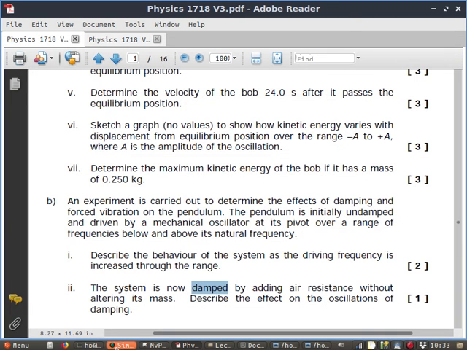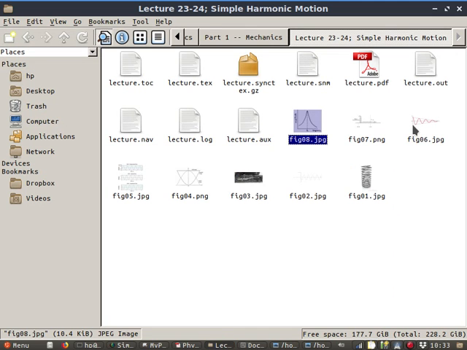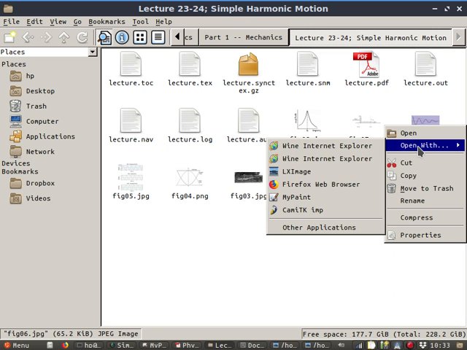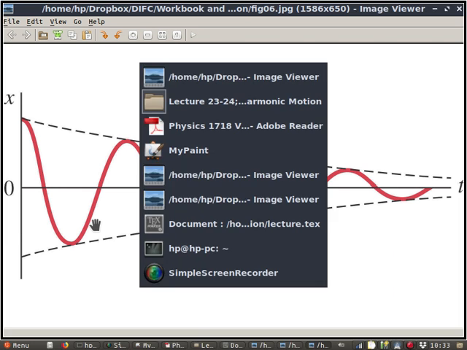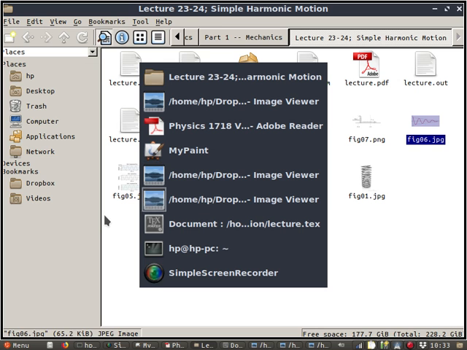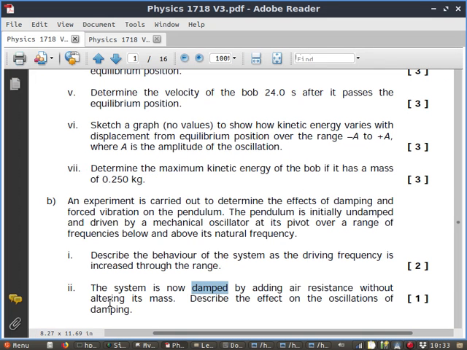Okay, so you remember that damping looks like this. So the question is, the system is now damped by adding air resistance. Describe the effect on the oscillations of damping.